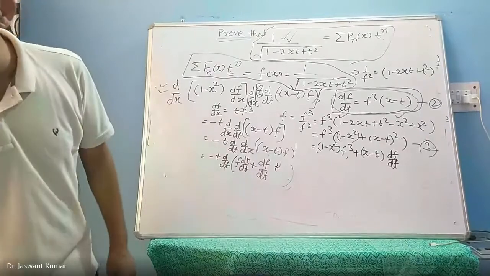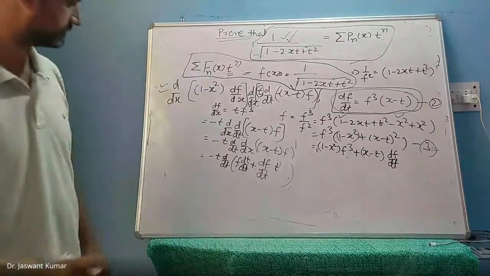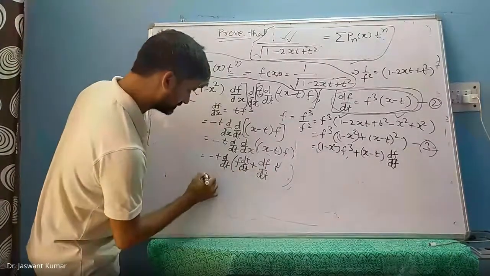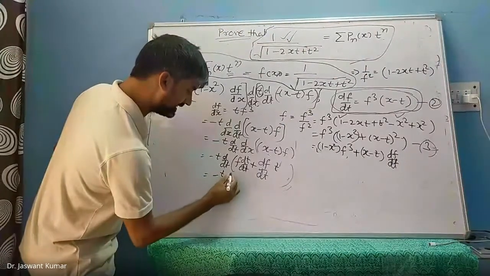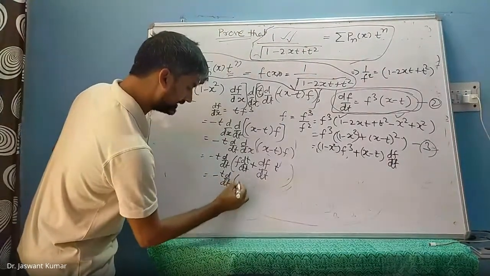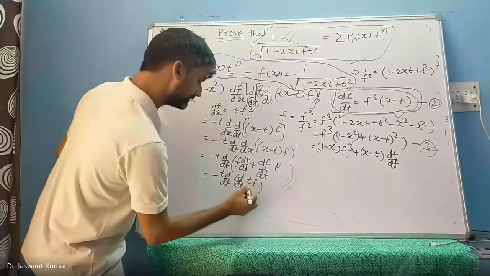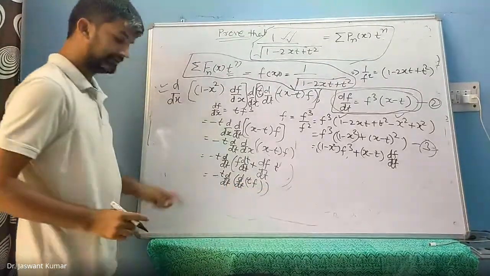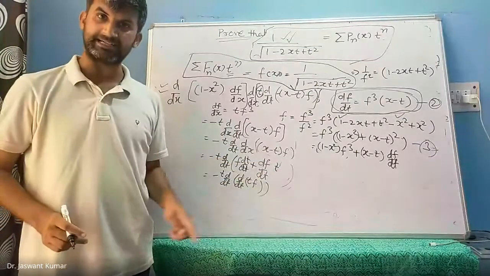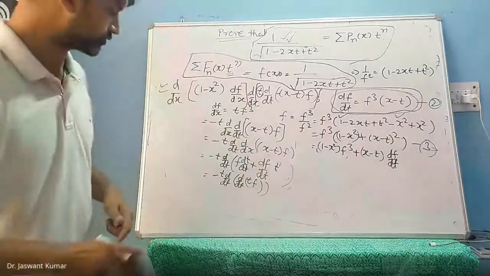Are you with me on this or not? Minus t d by dt of t into f. This d by dt acting on d by dt will give you a d2 by dt2.